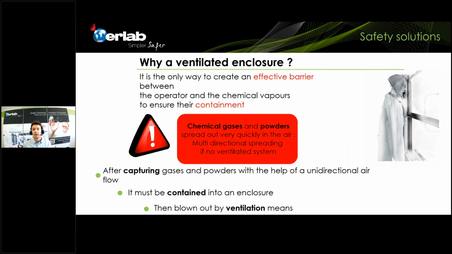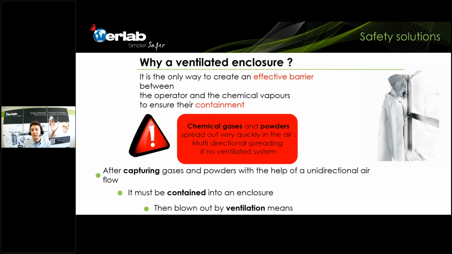Now, why ventilated enclosures? So as I just said, it creates an air barrier between yourself and the chemical in the fume hoods, let's say, as an example. So that's very important in the first place. Afterwards, you have a second step. When you have these chemicals in the enclosure, for example, you need to evacuate them. They need to go away. So the risk that you have needs to be minimized by eliminating the chemical vapors that are coming free.